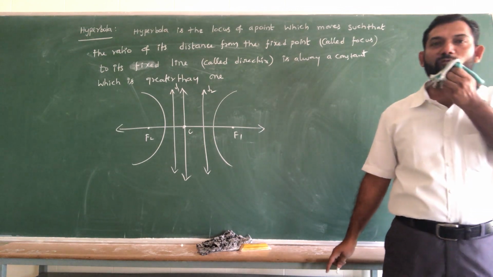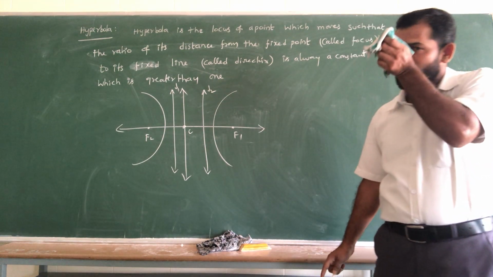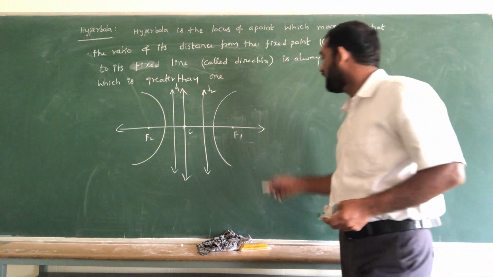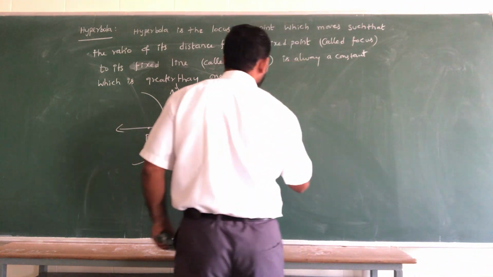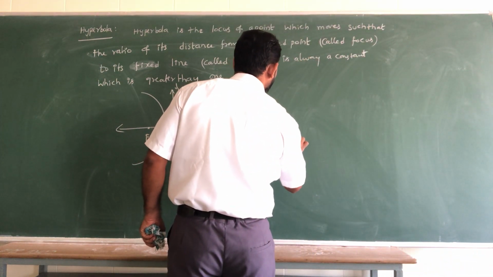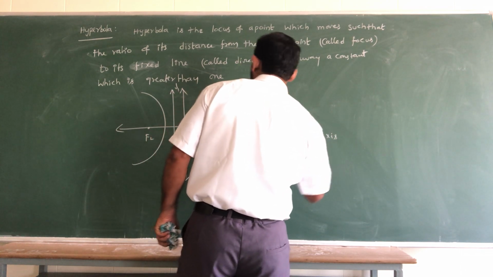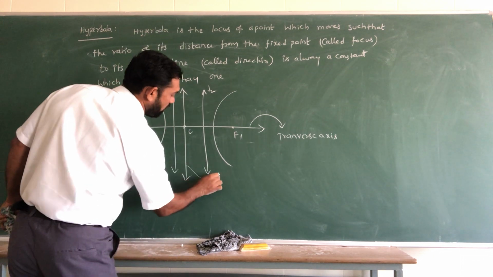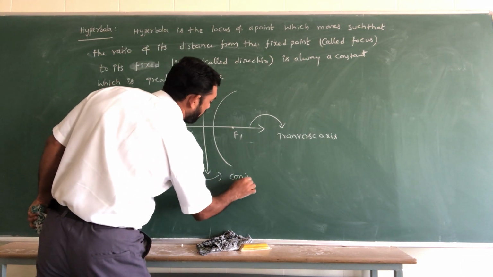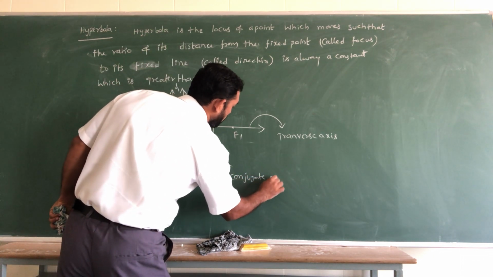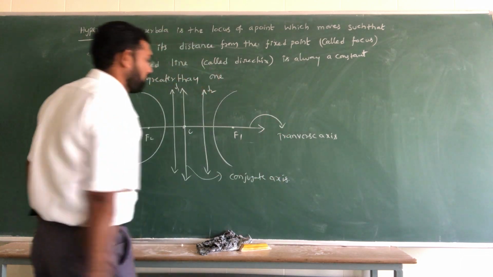We are using the same formulas, but this is called the transverse axis. This is called the conjugate axis.